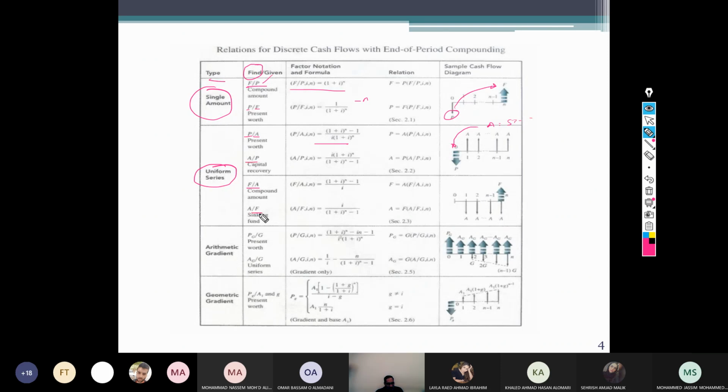Arithmetic. As you can see, find P given the gradient. Definitely we're going to have a formula and further things to study.